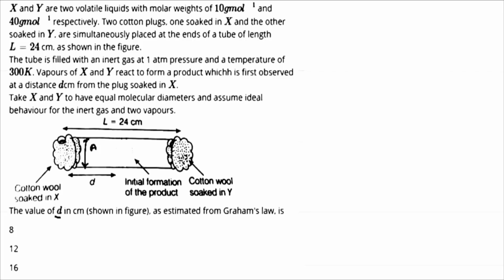According to Graham's law, rate of diffusion of X upon rate of diffusion of Y equals under root M_Y upon M_X.